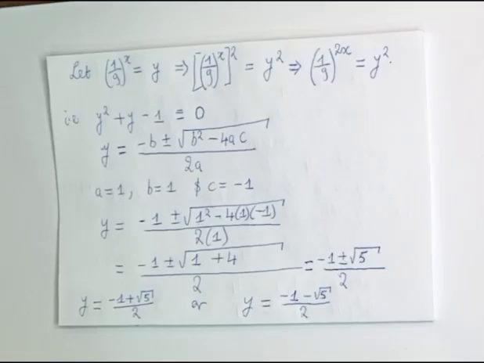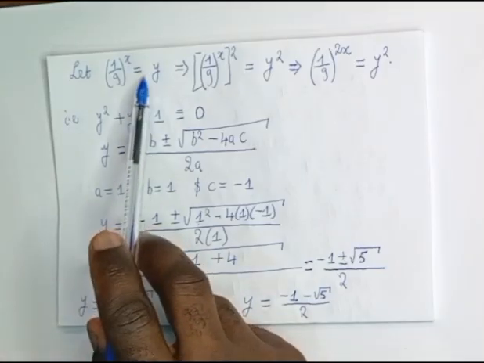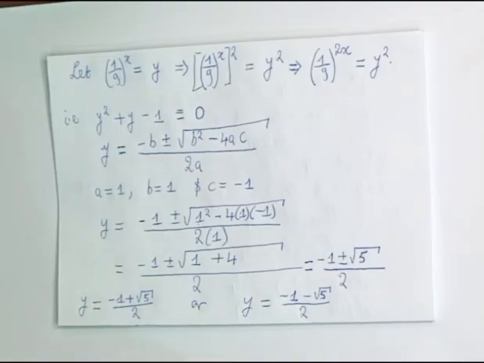Remember, we are not looking for y, we are looking for x, and y is equal to 1 over 9 raised to the power x. We are going to replace y with 1 over 9 raised to the power x. Then we solve for x.